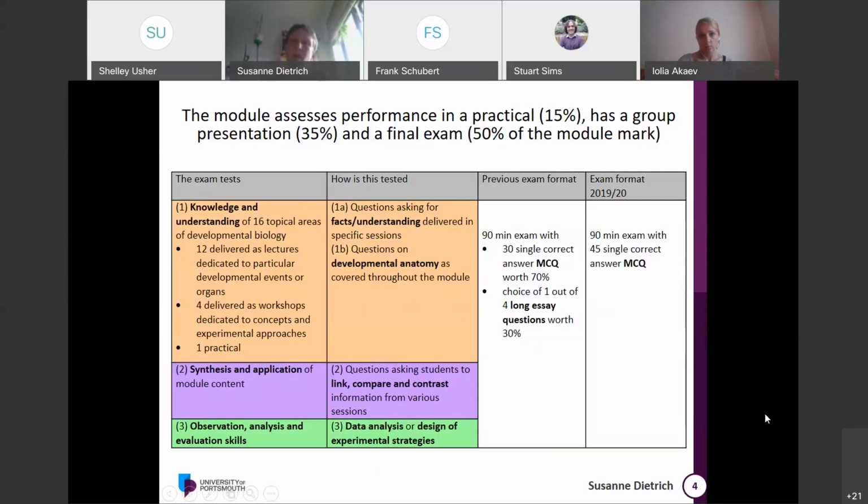Here you can see that the previous exam format was 30 single correct answer MCQs worth 70%, and then a choice of 1 out of 4 long essay questions worth 30%. Now, owing to the COVID-19 crisis, we had to change this year. So this year we turned everything into MCQs.